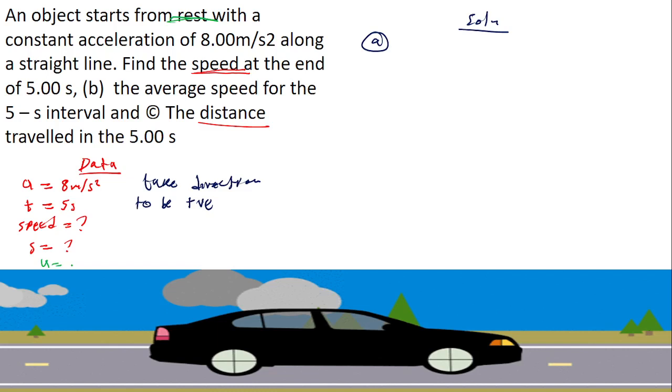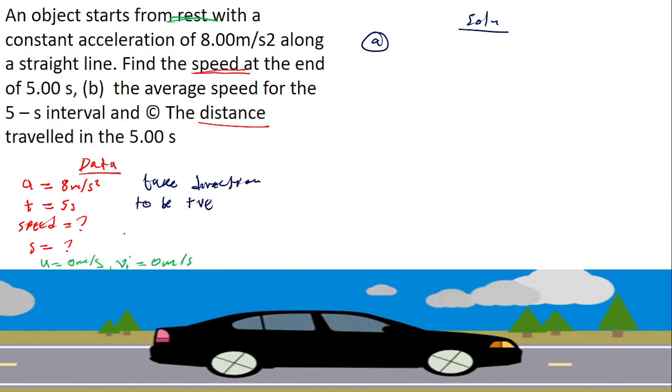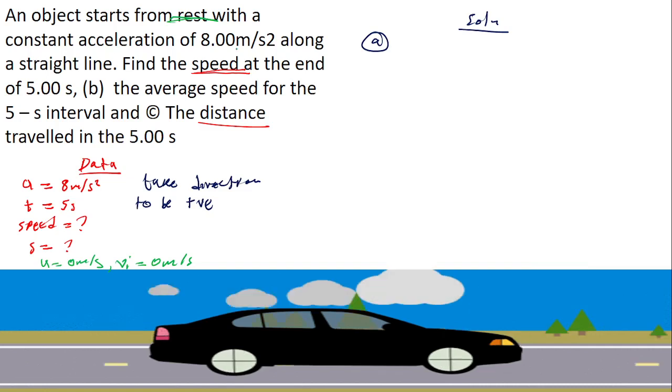For some books, we can say VI is equal to 0 meters per second. So with this information that we have, we can utilize one of the equations of motion, which we can look at. Let's quickly look at one of the equations that we can use.